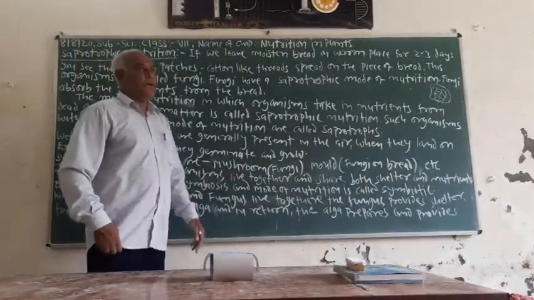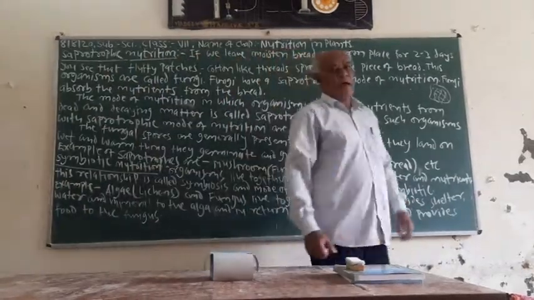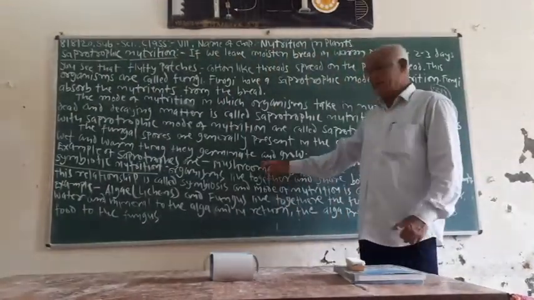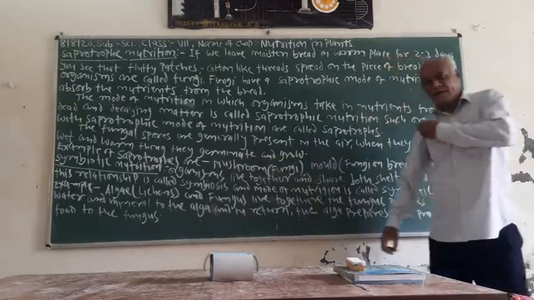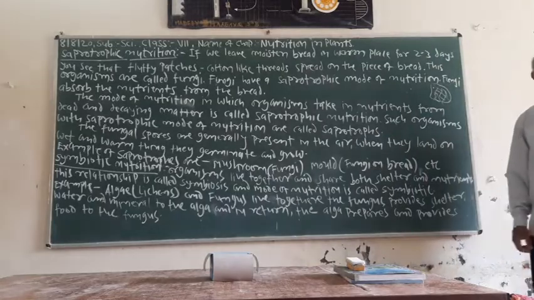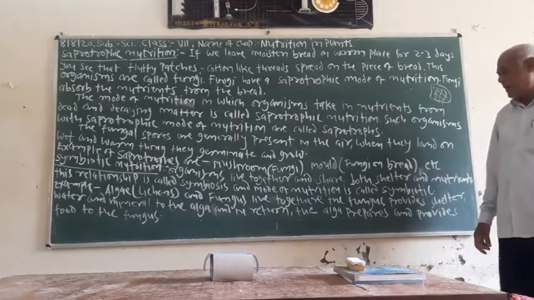You know that we use one type of mushroom as a vegetable. It is also a fungus, which obtains nutrition from decaying matter like decaying wood or soil.